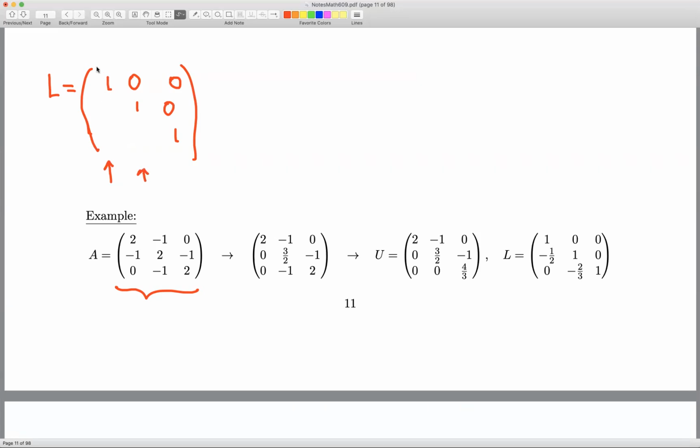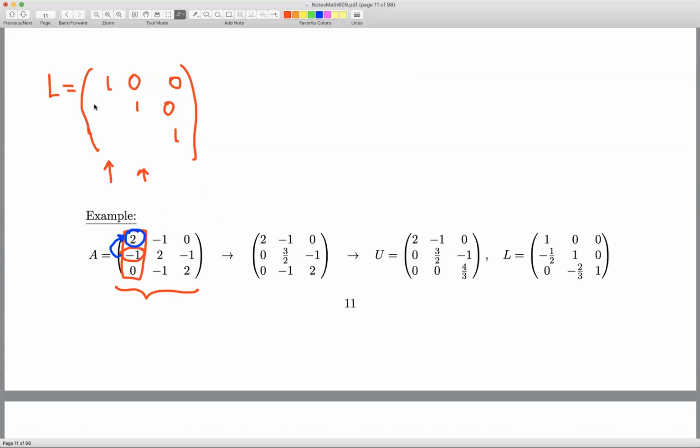To fill the elements below the main diagonal in the first column, we look at the first column of A, and we look at the ratio of this element divided by the pivot. So our pivot element here is the top one. This is the pivot element. So we have this element divided by the pivot, and we put it in position 2, 1.